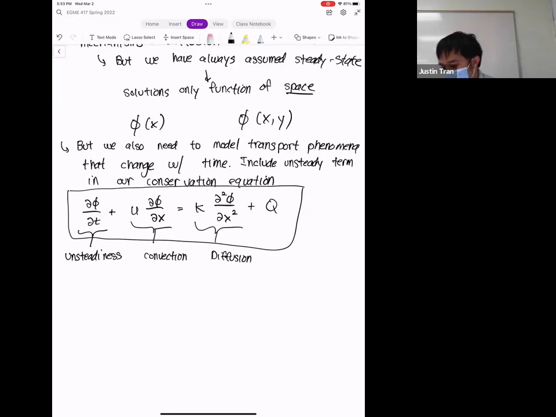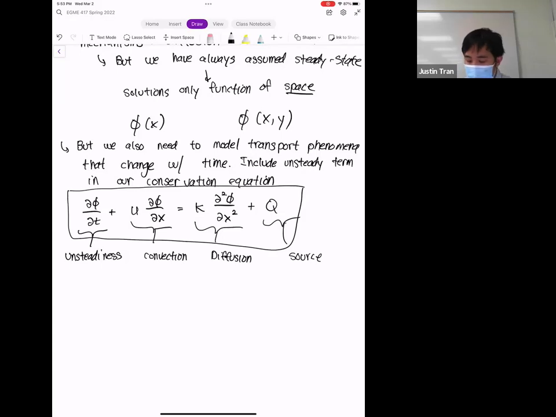Then of course our second order derivative is diffusion, and our Q here is our source as usual. And so, the gang's all here now. We're not leaving anybody out anymore. We're going to solve this equation in its entirety.